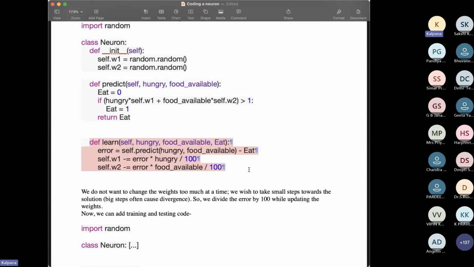Now just try and see what is happening. So you have hungry, food available, and label also. So it will learn through labels, right? It will check where the errors are. Why are errors coming? What is the reason for error in this case? Because the weights that were chosen initially are not correct.